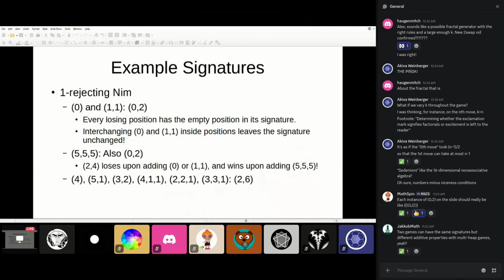From the top. The 3 games: the empty game, the game with 2 heaps of size 1, and the game with 3 heaps of size 5. All 3 of those games have signature 0, 2. So they're losing by themselves, and they are all losing when a heap of size 2 is added to any one of them.